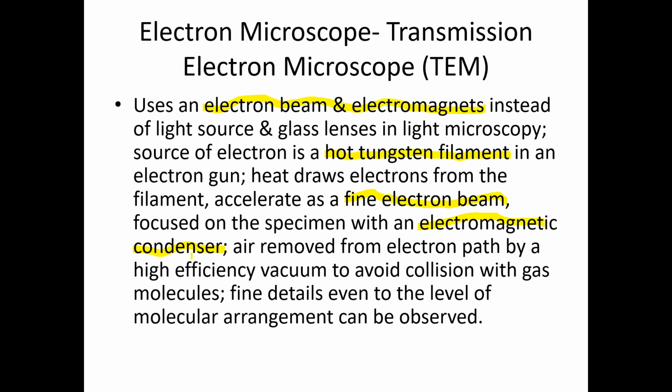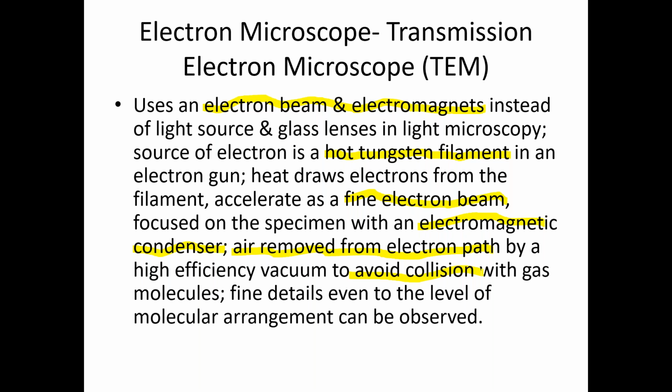Clear? Then the air is removed from the electron path by a high efficiency vacuum in order to avoid collision with gas molecules. So we are producing a fine beam of electrons, and it is directed onto the specimen by means of an electromagnetic condenser.